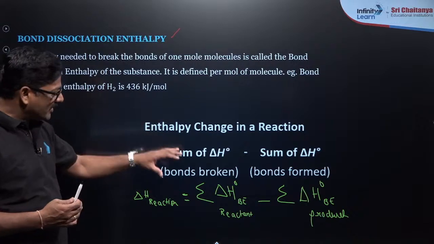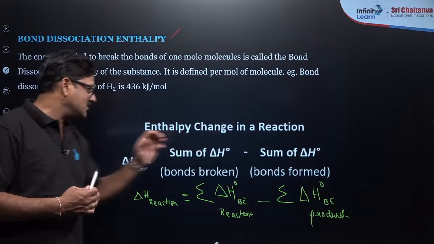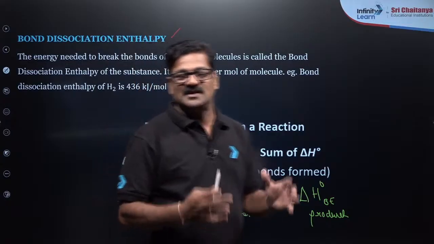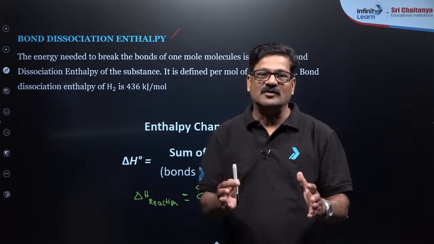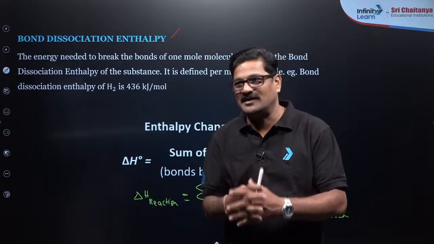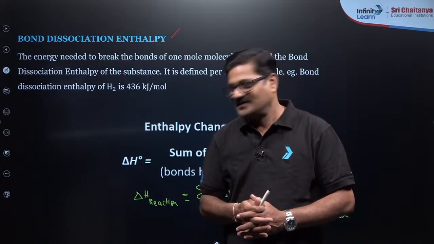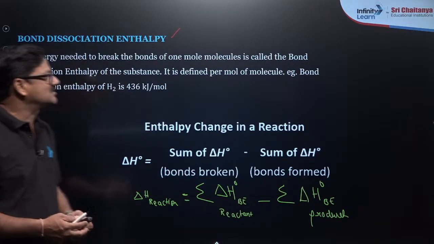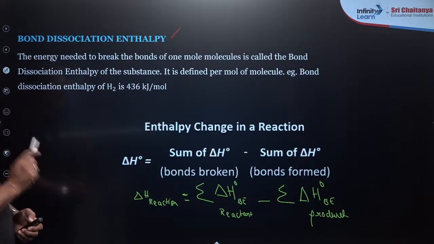And bonds broken energy minus bonds formed energy gives you the enthalpy of a reaction. That gives a solid identity about whether it is an exothermic or endothermic reaction. Okay, we will do some questions in the future also based on this.